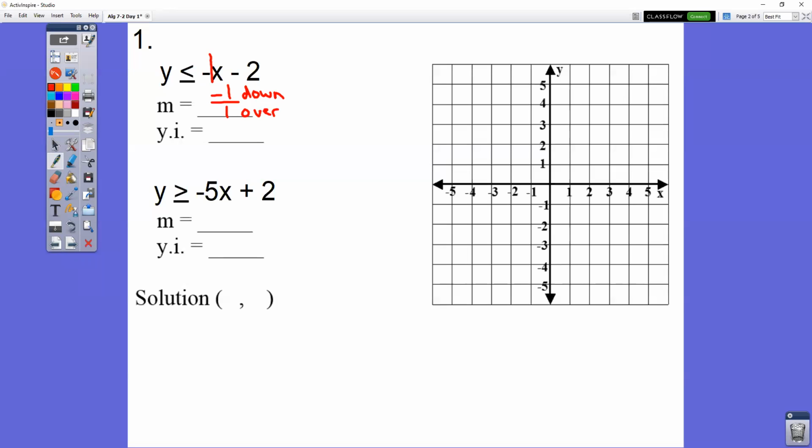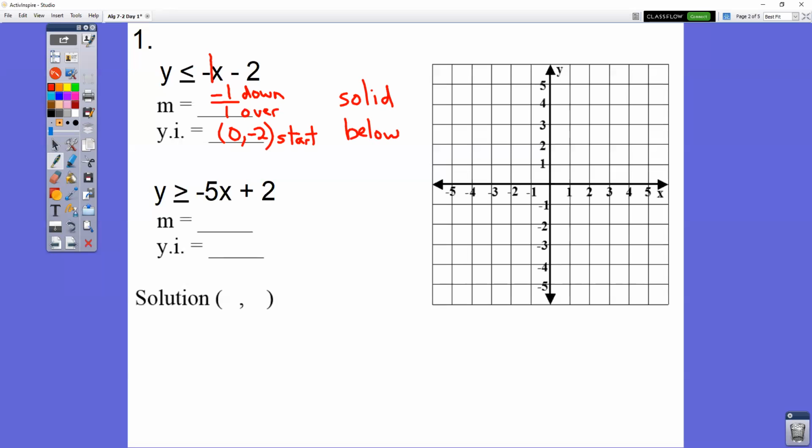Then your y-intercept is 0, comma, whatever your plus or minus is. So it's 0, comma, -2. Remember that this is where we start at. Now, looking at our inequality symbol, we have an or equal to. So this is going to be a solid line, and it's less than, so we are going to shade below.